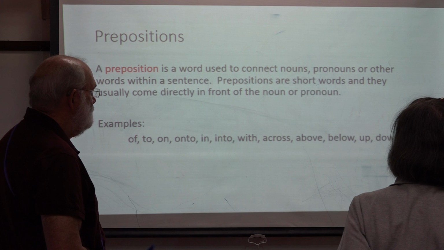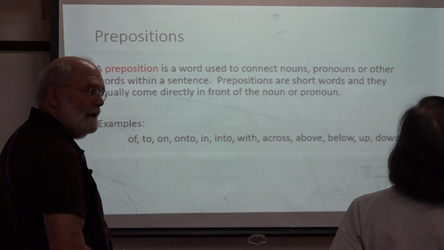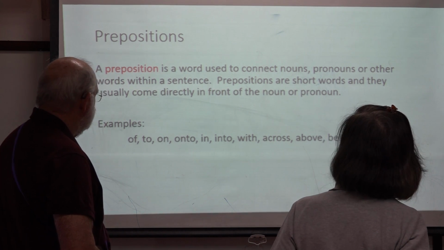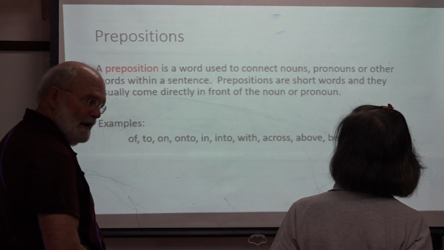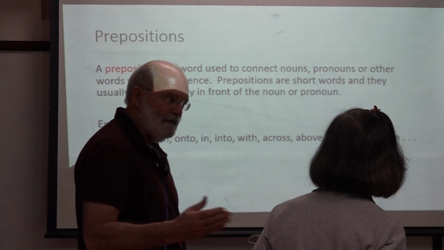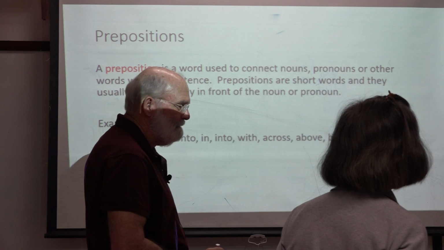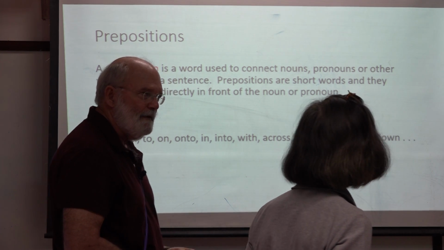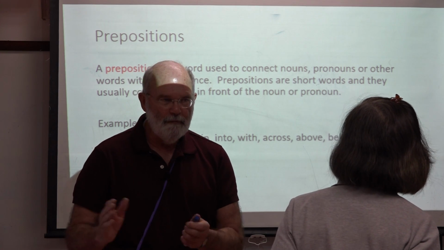We could put under. Beside. That would be a preposition. Beside the table, beside the chair. Those would be prepositions. A preposition is a word that introduces a prepositional phrase.